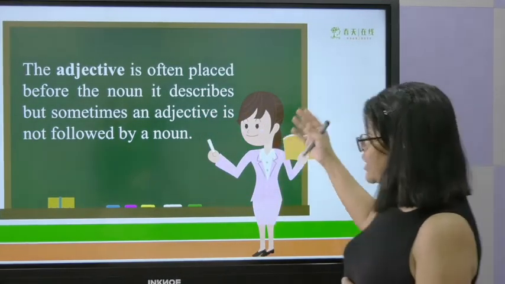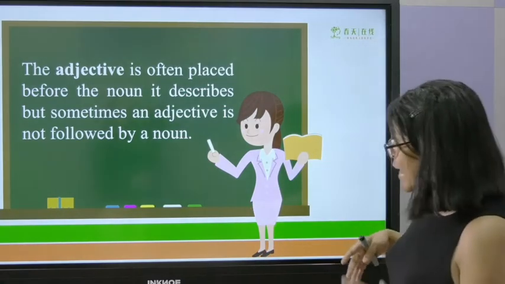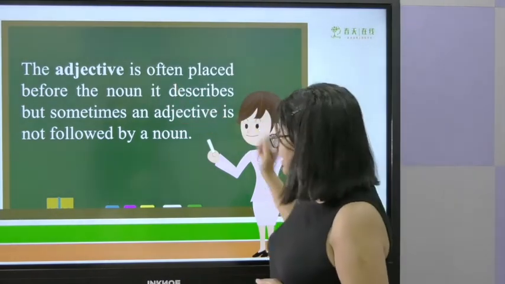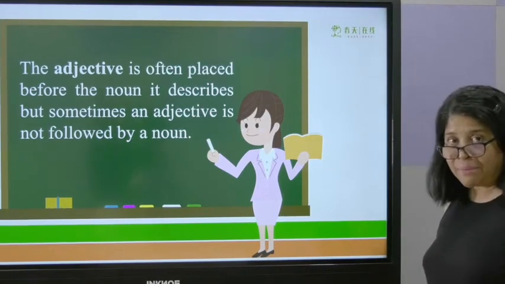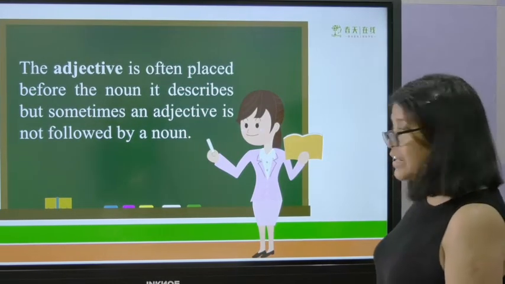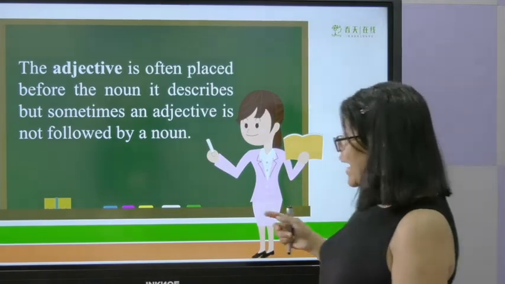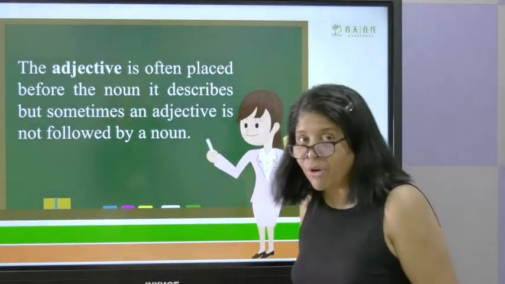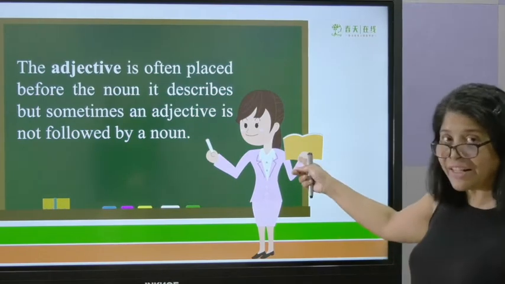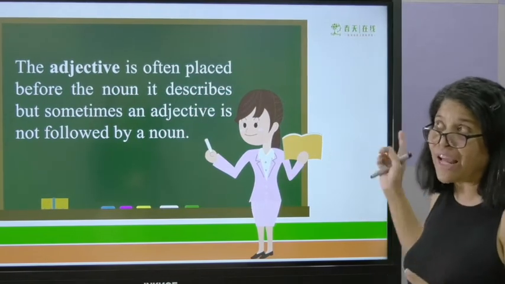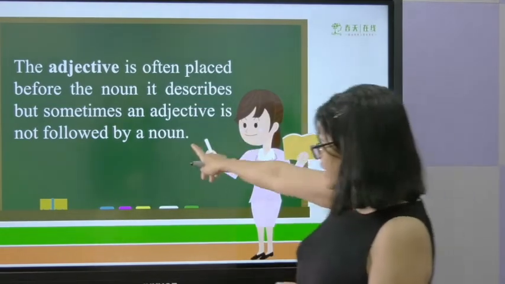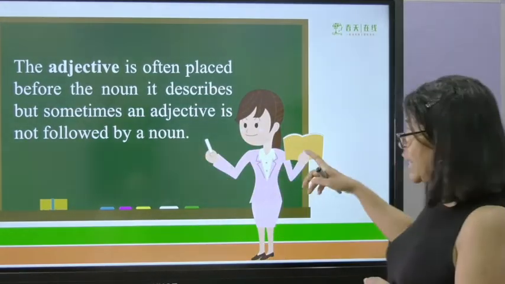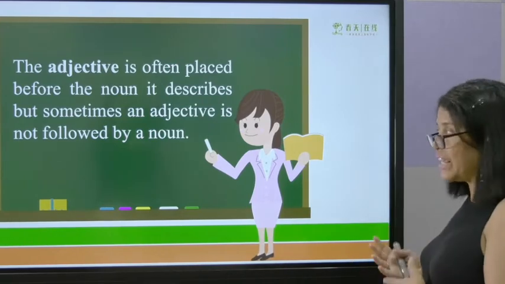All right, as it says here, the adjective is often placed before the noun. That's what happens often. Before the noun it describes. But sometimes you do have it the other way around, where the adjective is not followed by a noun. In fact, you had it in that earlier sentence where you had they are acting crazy. That is an example of this, where you actually had the noun before the adjective.